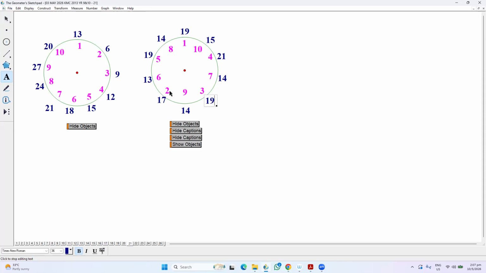Then we have 14. Then here 17. Here is 13. Here is 19. Here is 14. So we managed to increase the smallest number to 13.